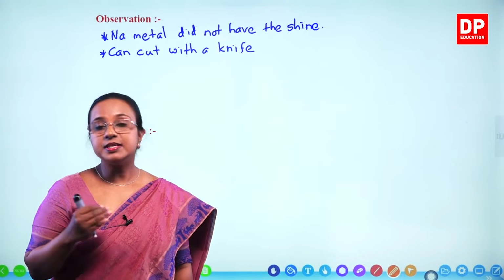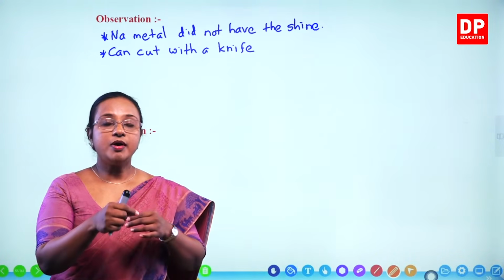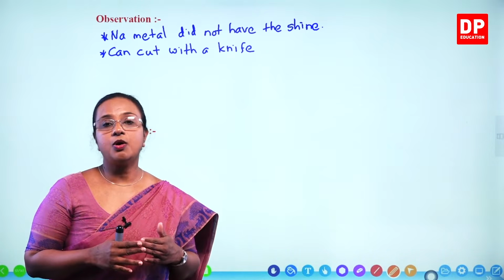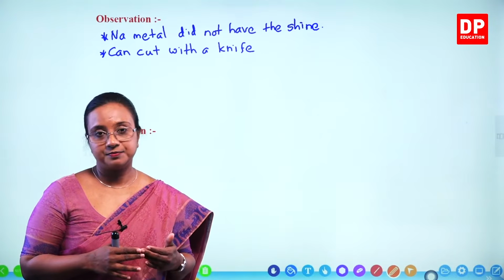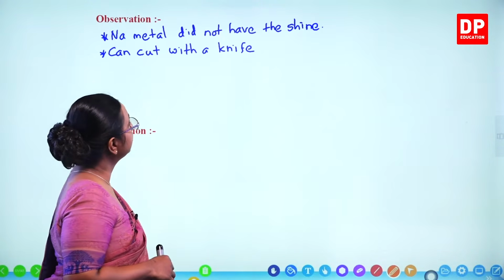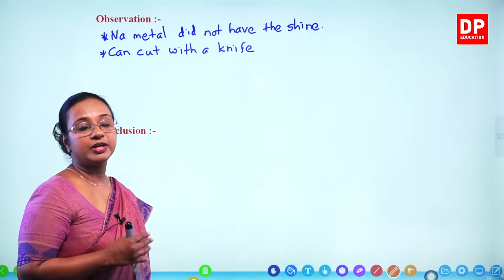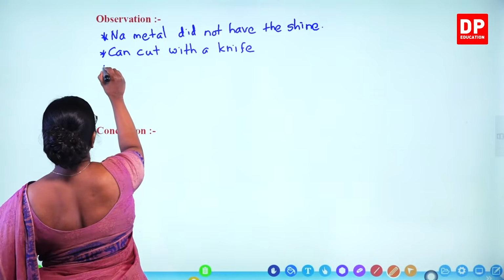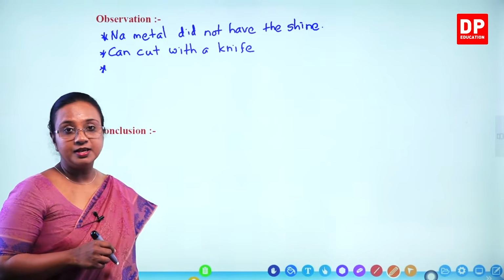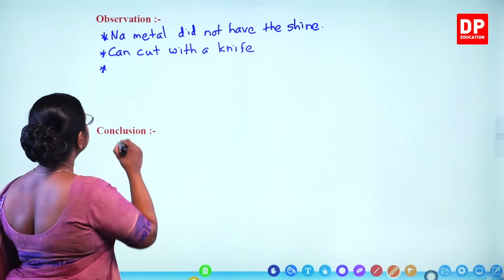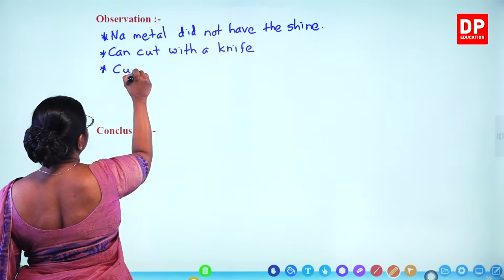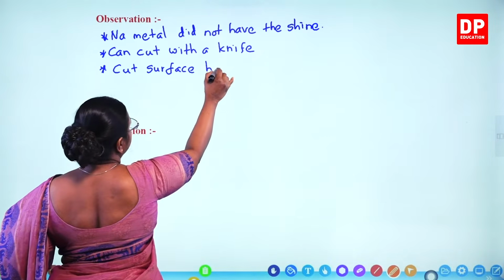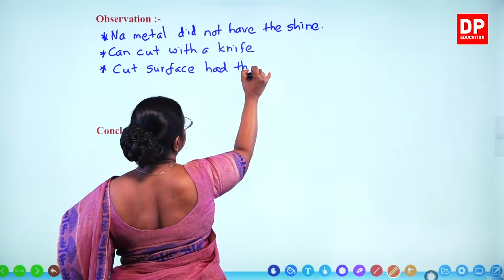Sodium, because it can be cut with a knife or if it can be torn into pieces, then we call it a soft metal. So, here sodium, we were able to cut it with a knife, so it is a soft metal. And the cut surface, was it shiny? Yes. The cut surface was shiny. First had the shine.